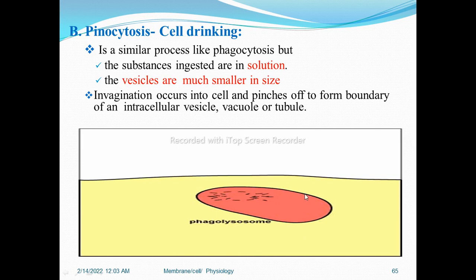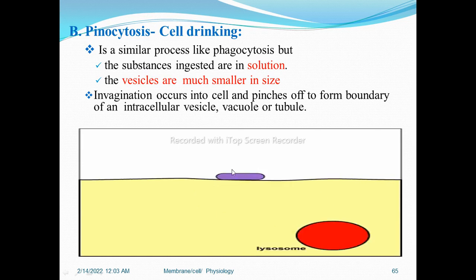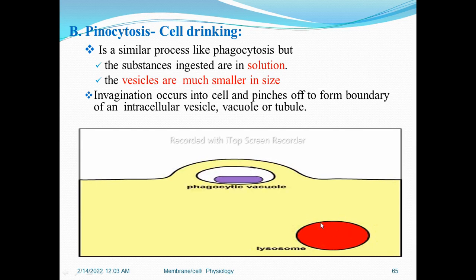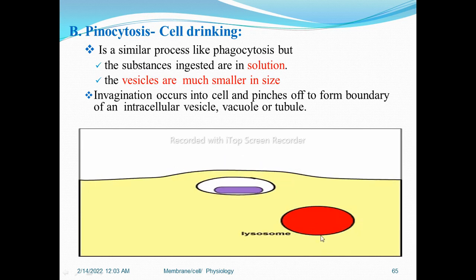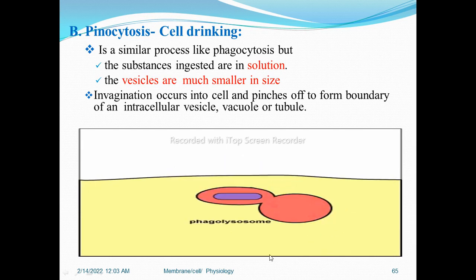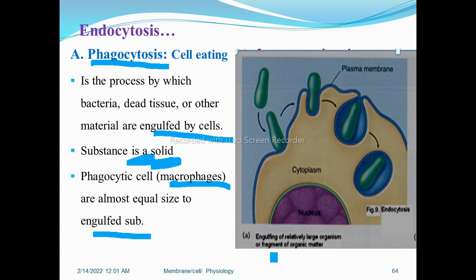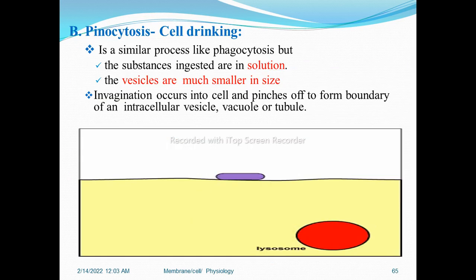The outside fluid is drunk, and forms just like this. This is known as pinocytosis, or cell drinking. So pinocytosis plus phagocytosis is endocytosis. That means anything outside the cell enters into the cell.